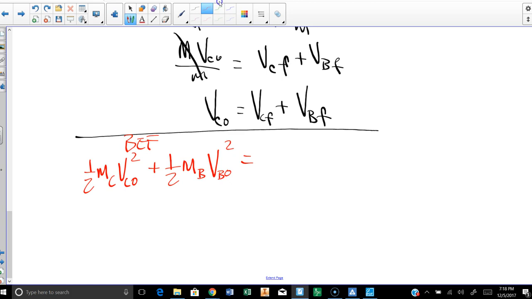And of course I know that this is 0, because once again, that other ball was stationary, equals 1/2 mass of the cue ball times the velocity of the cue ball final squared, plus 1/2 mass of the other ball times the velocity of that ball final squared.